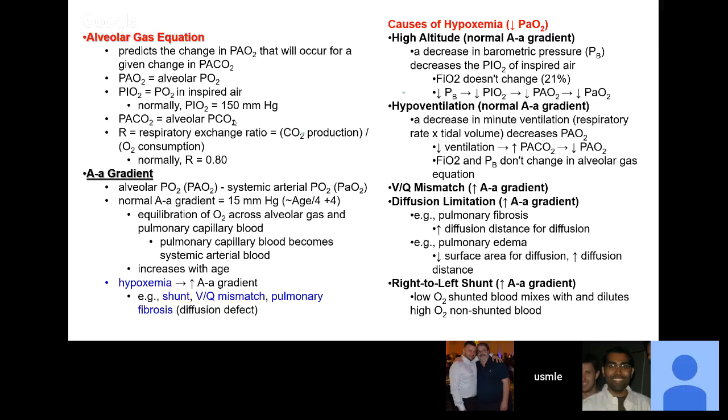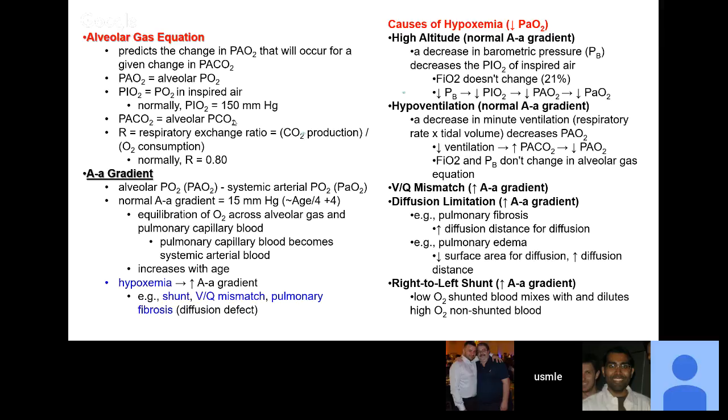So in case of VQ mismatch, the overall gradient is going to increase. And remember, VQ mismatch is that in one area, at the base, you have a lot of vascularization, and at the top you have a lot of volume, more air. So that is a mismatch. In the middle you have almost the same volume exchange versus circulation.